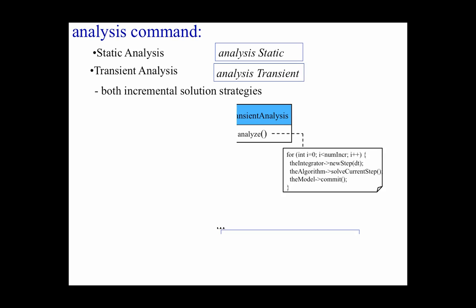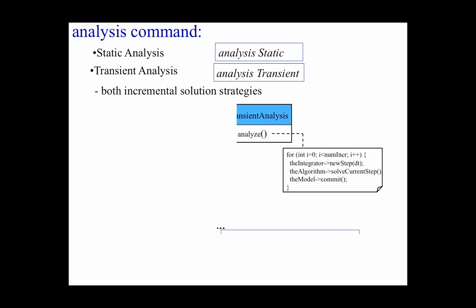So because we've gone for this really modular design and we've kind of divvied up things, this is a static analysis. You see, it doesn't care what the integrator is. It just says, invoke new step on the integrator, tell the algorithm to solve the current step, and then tell the model once we're done to commit. Okay? So that's how simple a static analysis can be if you start delegating stuff to the different components.